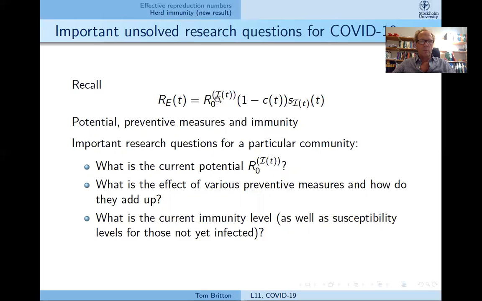So you can call this the potential, you can call this the effect of the preventive measures, and you could call this factor the effect of immunity.